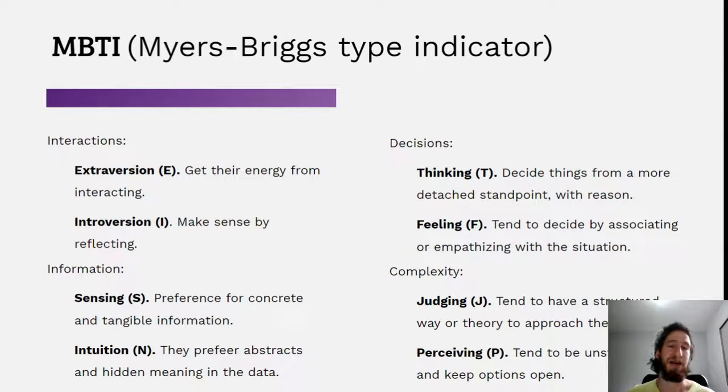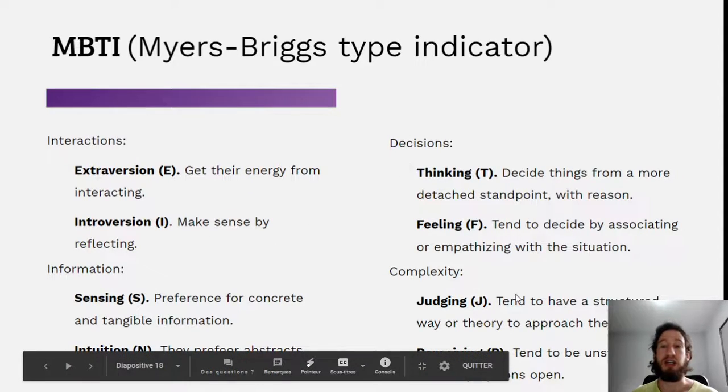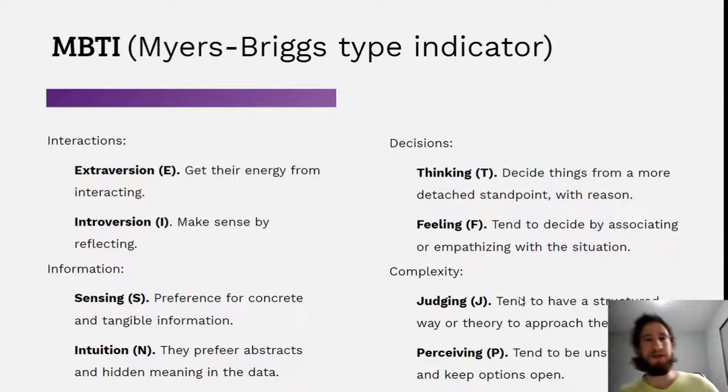So in the end I am an ENTJ, right? That's how people present themselves when using the MBTI. You can be ISFP, for example, and this is a personality type in itself. All right. So there are tests that you can take online to check your type indicator using MBTI.